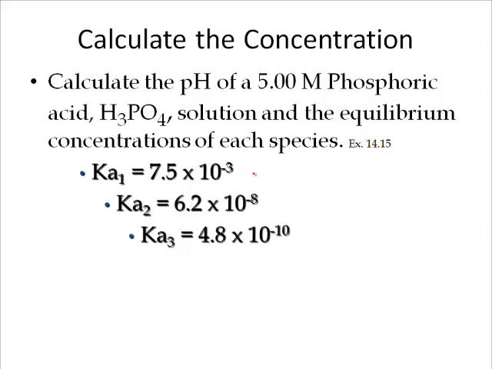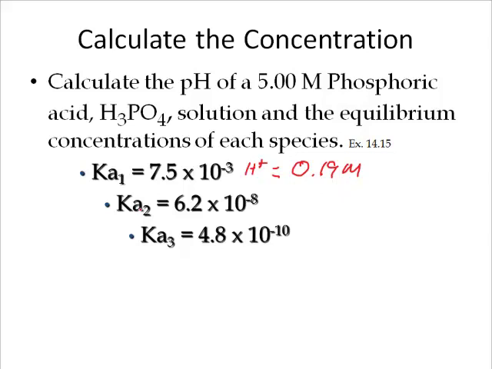So with this first dissociation, we get the H plus equaling 0.19 molar, which is pretty significant, and that'll definitely affect the pH.